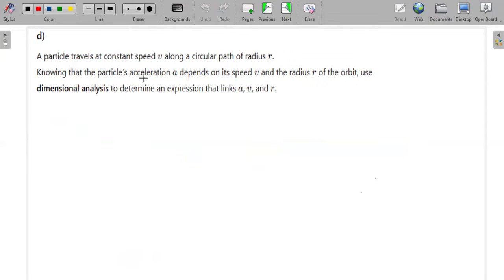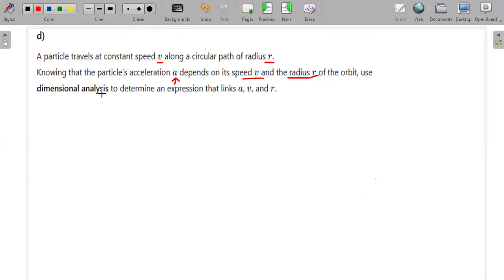Knowing that the particle's acceleration a depends on its speed and the radius r of the orbit, use dimensional analysis to determine an expression that links acceleration, speed, and the radius.